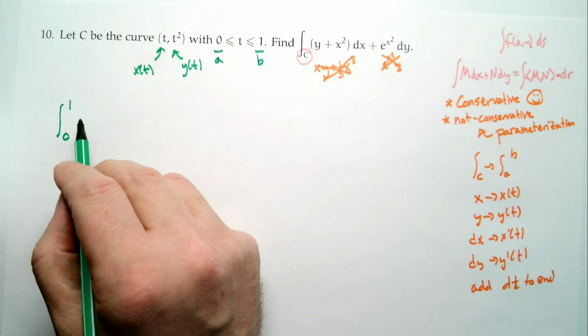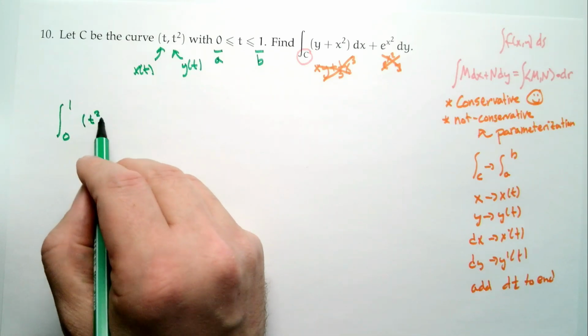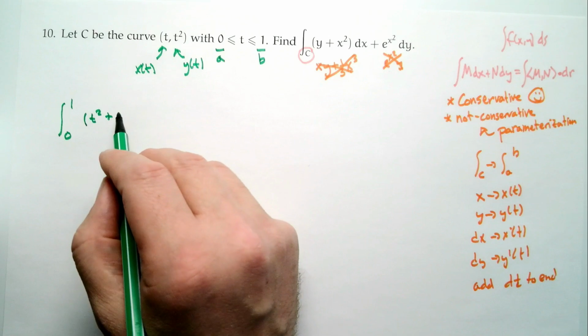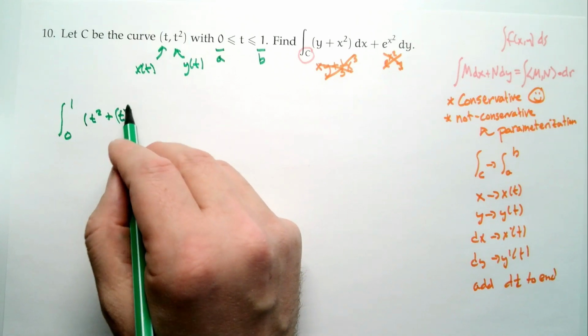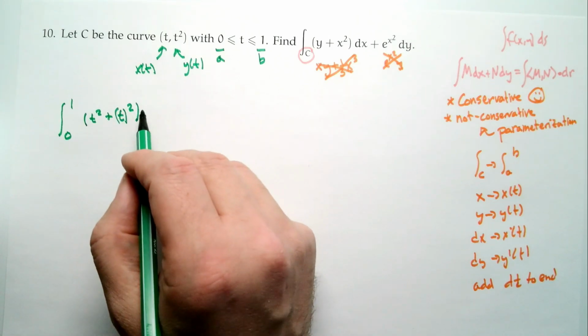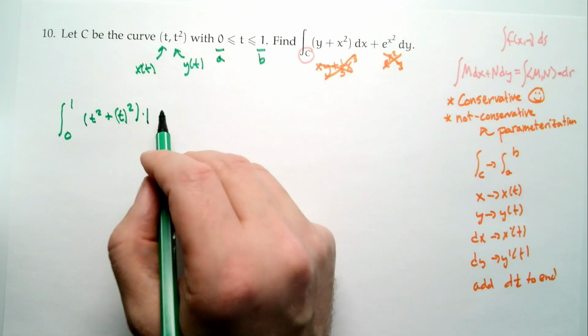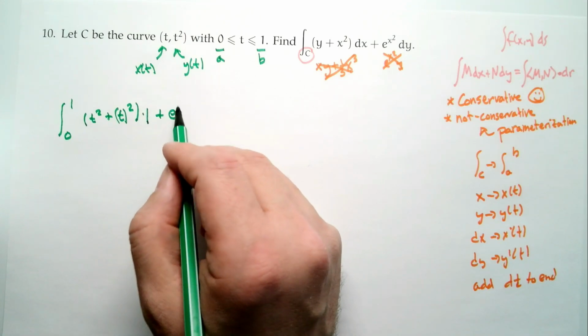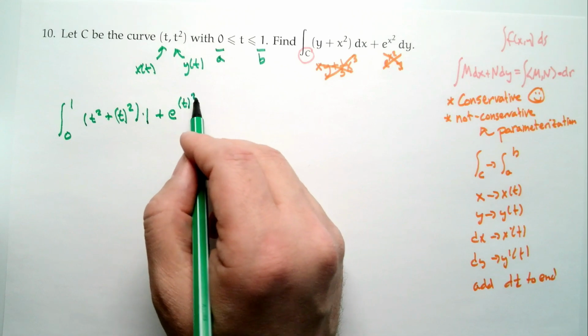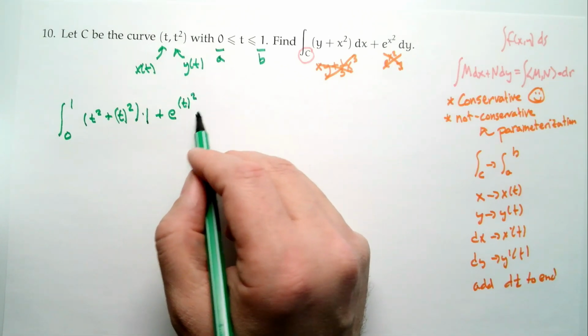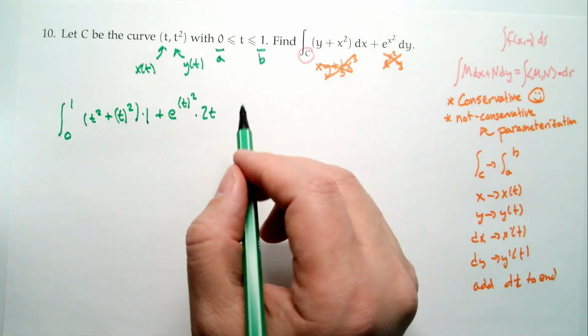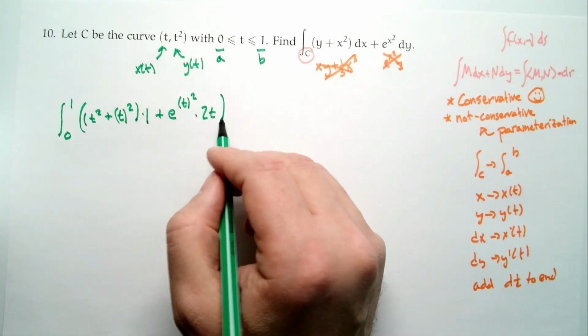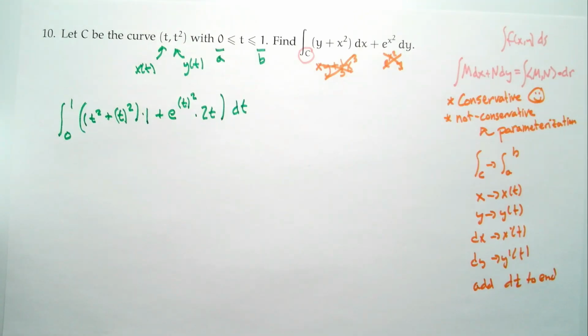So y is t squared. x squared would be t squared. dx is 1. Plus e to the x squared, so x is t, and then square it, times your dy, which is 2t. And now we tack on a dt on the end. So if we're ever given an integral that we can't do by being conservative, we can always do this.